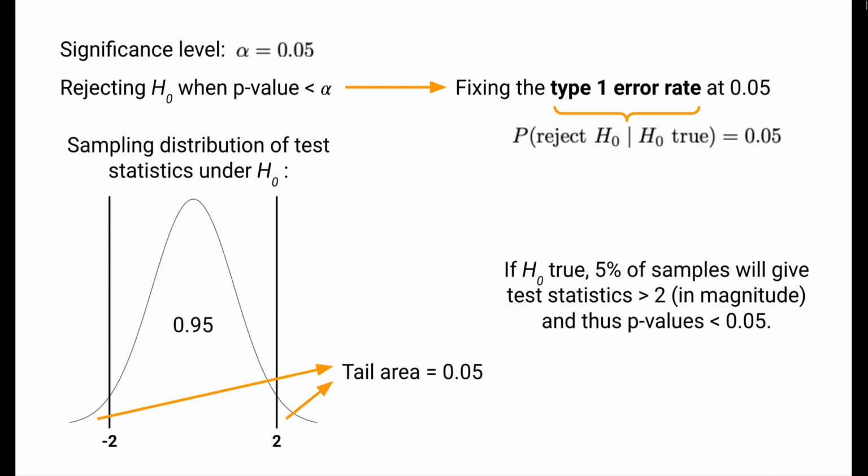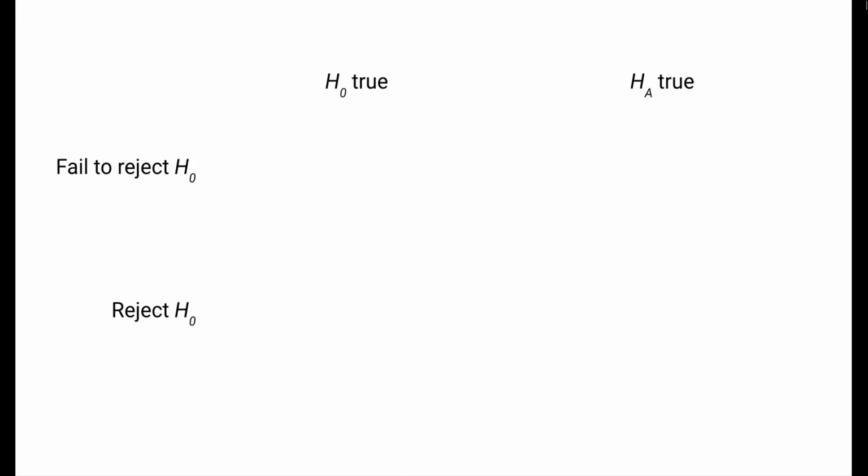Okay, so this discussion motivated the type 1 error rate. There's actually another important error rate in hypothesis testing. To organize information about errors, it'll be helpful to use this table of different outcomes, where the columns correspond to the truth about the null and alternative hypotheses, and the rows correspond to our decision from hypothesis testing. So, as we just discussed, when the null is true, but we reject it, this is a type 1 error.